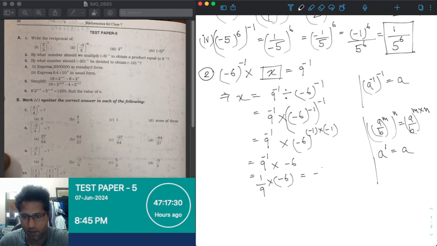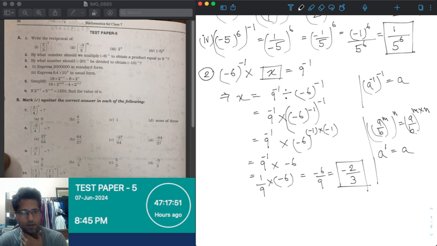This is minus 6 by 9, and if we reduce it further we get minus 2 by 3. So this is x, this is the number that we should multiply minus 6 to the power minus 1 by to get 9 to the power minus 1. So the answer is minus 2 by 3.